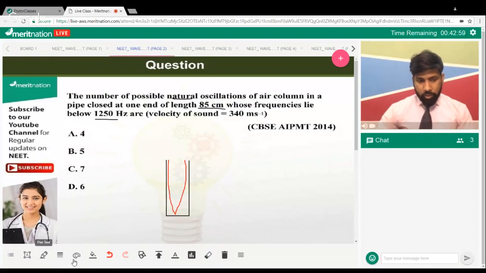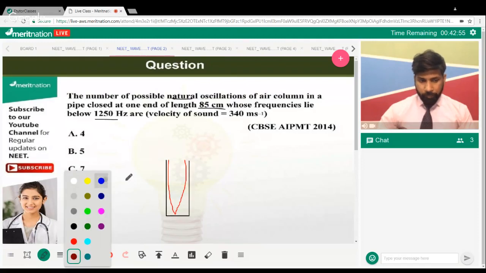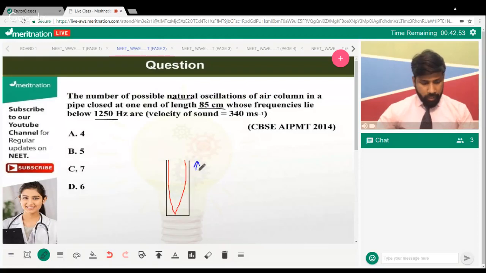And suppose, students, the length of this tube is L. What about the length of this wave, this stationary wave? We can say that is lambda by 4. So we can calculate the value of lambda, the wavelength, in terms of length. This implies lambda is equal to 4 into L.